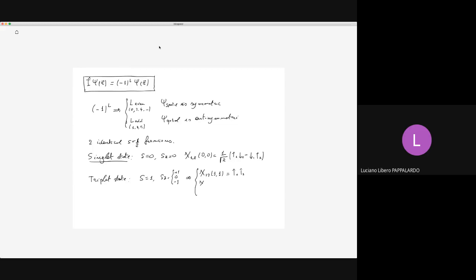Then we have chi_12(1,0), which is 1 over square root of 2 times (1 up, 2 down plus 1 down, 2 up). And finally, chi_12(1,-1), which is just 1 down, 2 down.